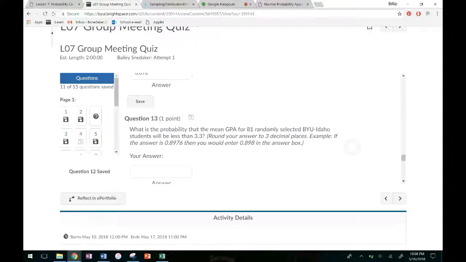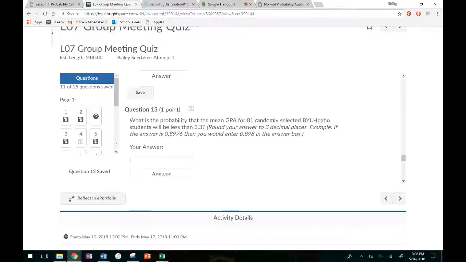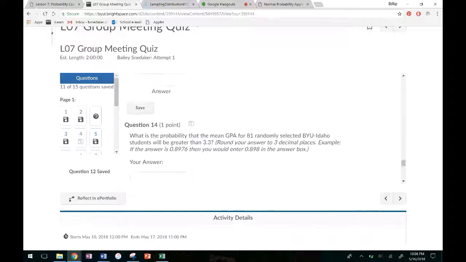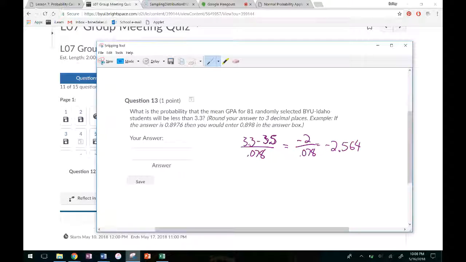What is the probability that the mean GPA for 81 students will be greater than 3.3? So won't we take that z-score 2.5? Oh, wait.